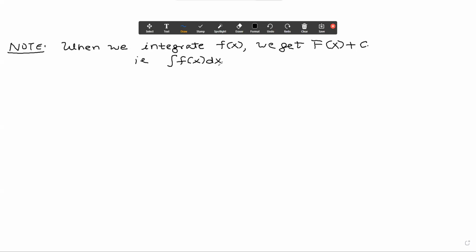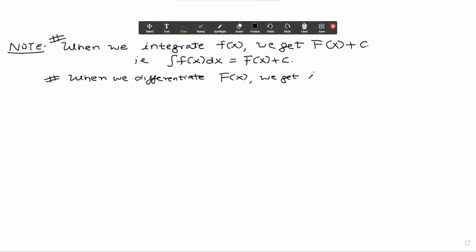So when I integrate f of x, I get capital F of x plus C. And when we differentiate capital F of x plus C, we get back the small f of x.